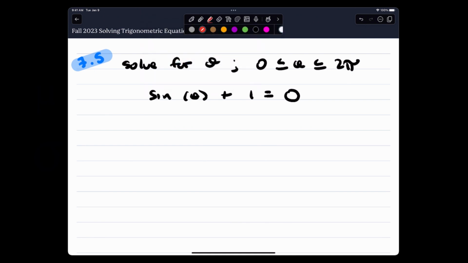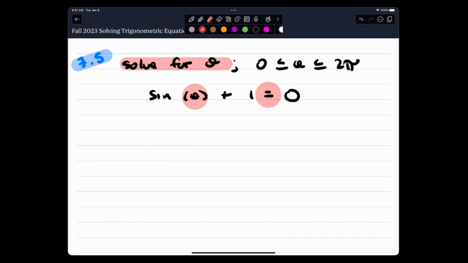It says solve for theta. So anything that has to do with theta is a trig question? Well, no, that's only one part of it. Why is this a trig equation? It says to solve, and then you have that equal.